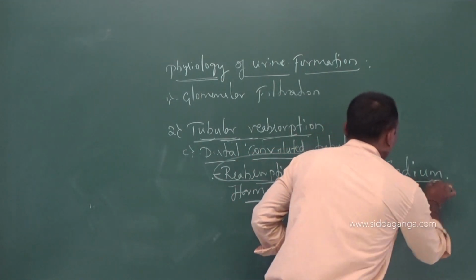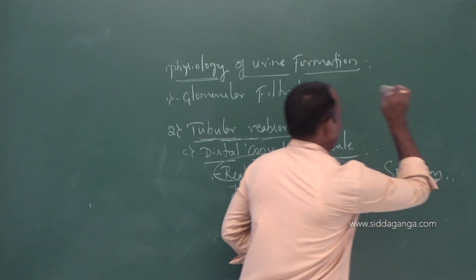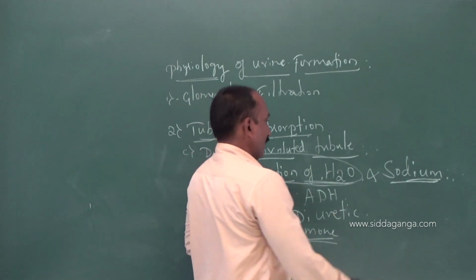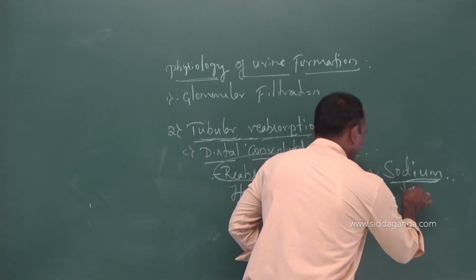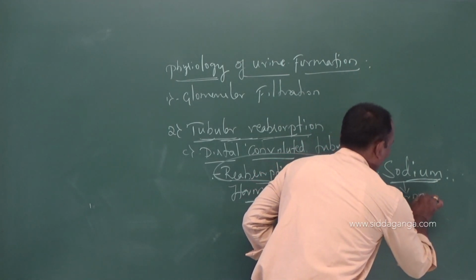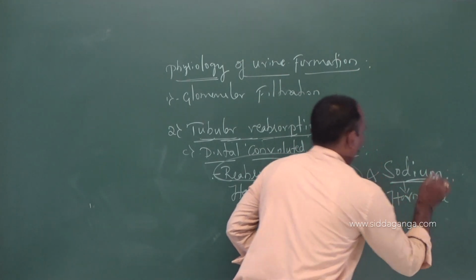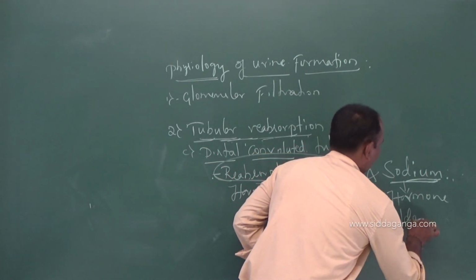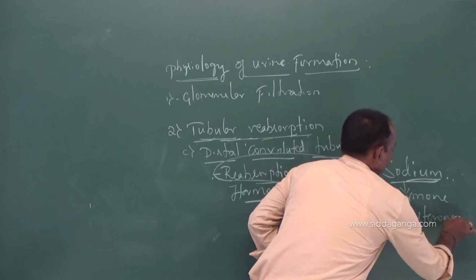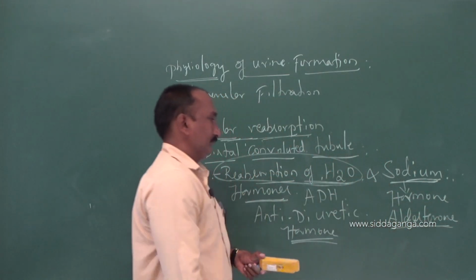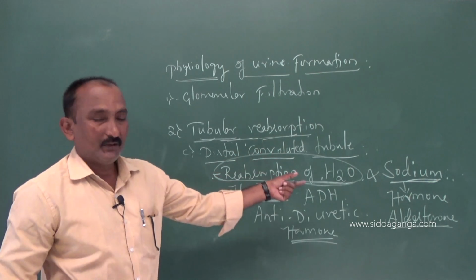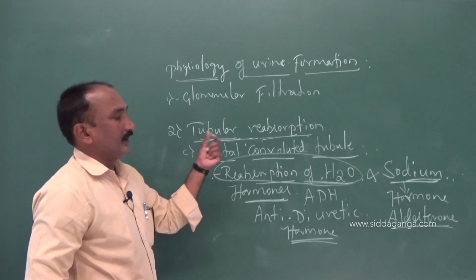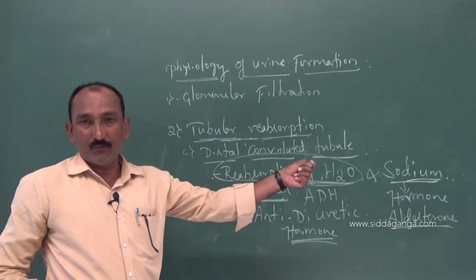Similarly, sodium is also one of the ions that is reabsorbed in the distal convoluted tubule under the influence of one more hormone, called aldosterone. Under the influence of aldosterone, the distal convoluted tubule can reabsorb sodium.